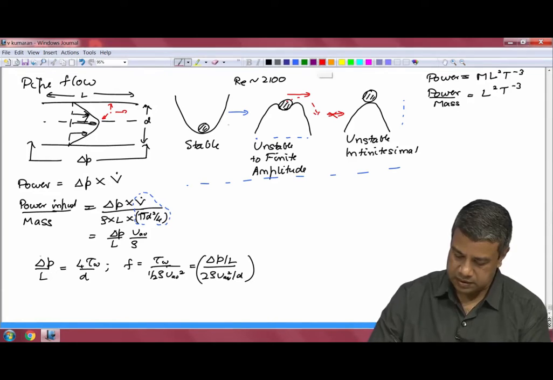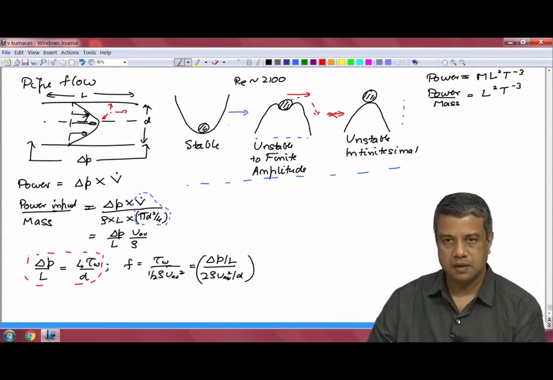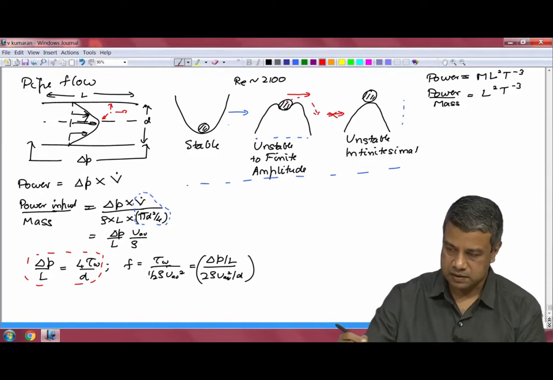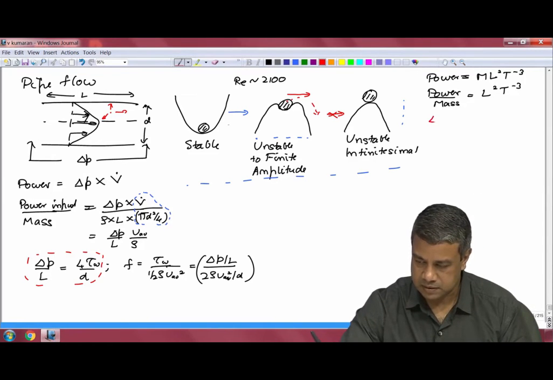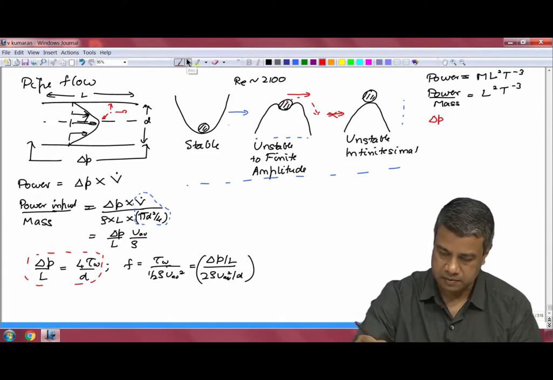You recall that this was determined by a momentum balance across the ends of the pipe, where the force times the area, so, I am sorry, the pressure difference times the area.